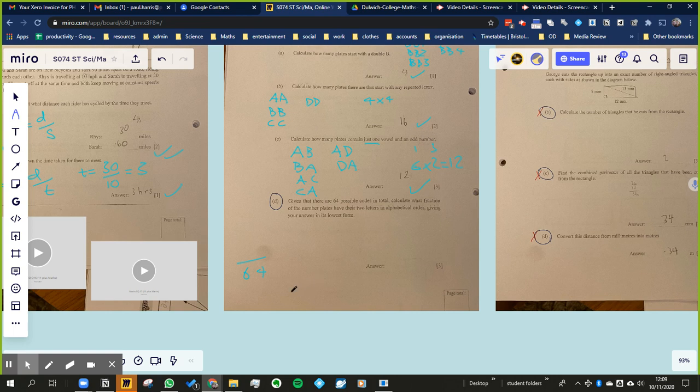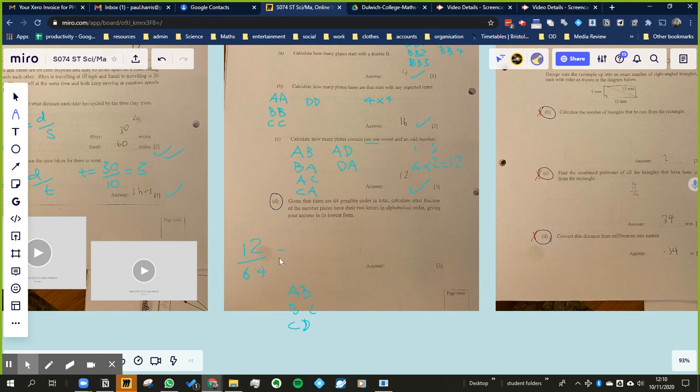So the beginnings could be AB, BC, or CD. That's it, actually. And then any one of these could have 4 different combinations. So it could be AB1, AB2, AB3, AB4. So in total, there's going to be 3 times 4, which is 12 different possibilities.